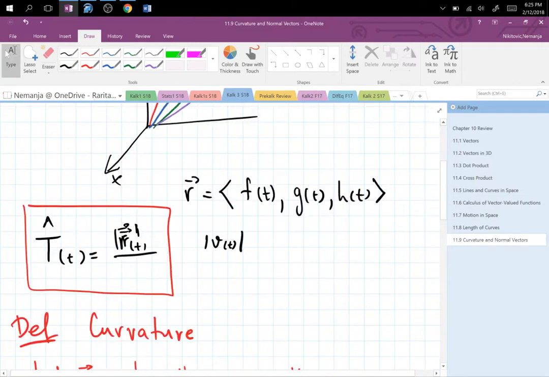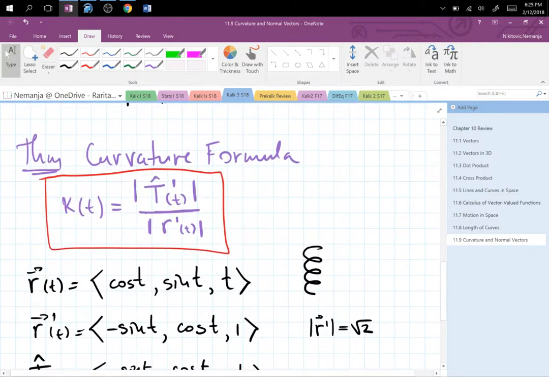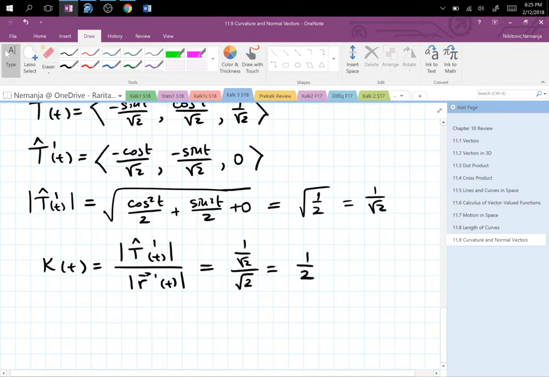Oh, this formula got a little bit crazy over here. So the tangent is the derivative, right? Okay. What else?